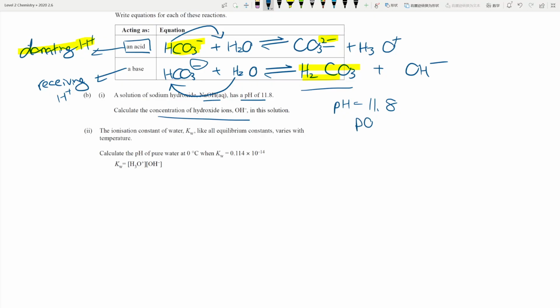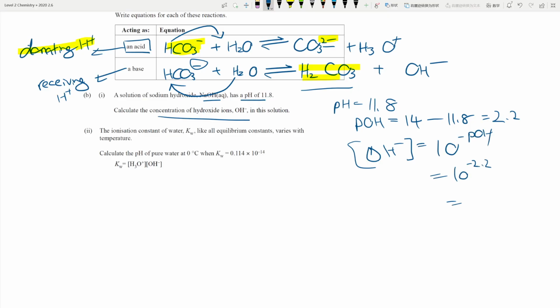I'm just going to do it the easy way. pOH is 14 minus 11.8, which is equal to 2.20, and then the OH minus concentration is just going to be 10 to the power of negative pOH, which is 10 to the power of negative 2.2, and if you crunch that into a calculator, it is going to be 6.31 times 10 to the power of negative 3 moles per liter.